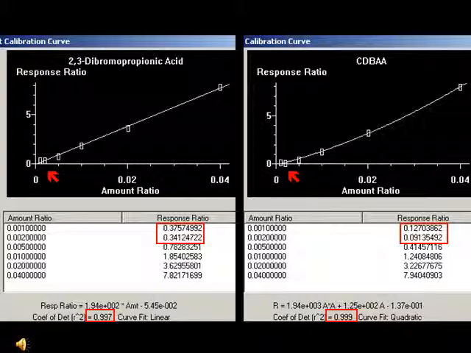The lowest calibration standard is askew from the other points, having more response than the next highest standard, but meets the method criteria. The quadratic curve fit used for CDBAA from the same analysis shows that this type of curve will also allow lower calibration points to be askew, but still meet the calibration criteria. In both cases, the lowest calibration point should have been eliminated.